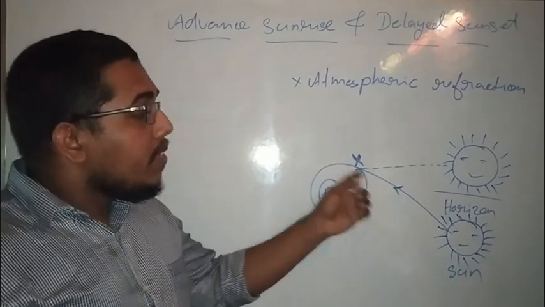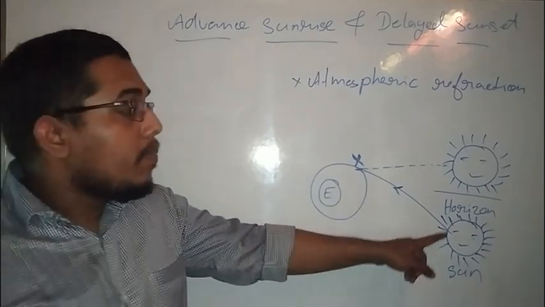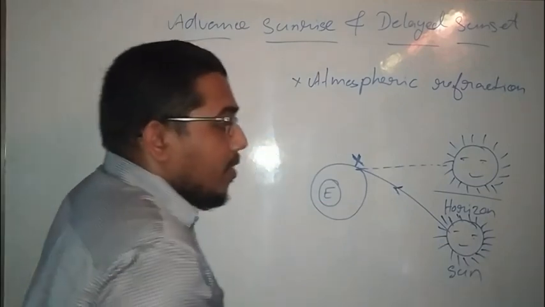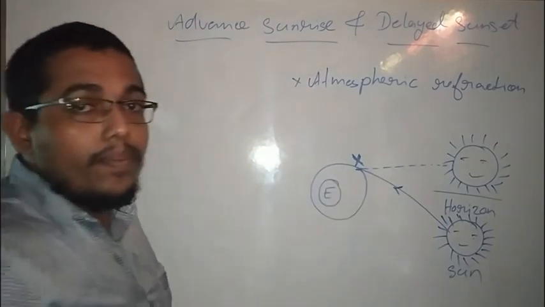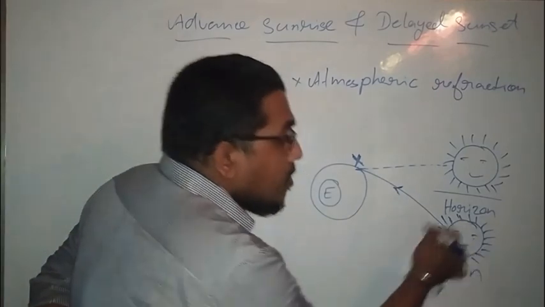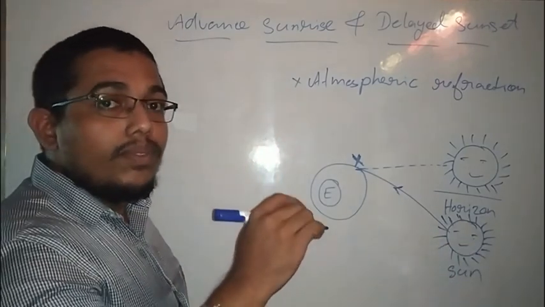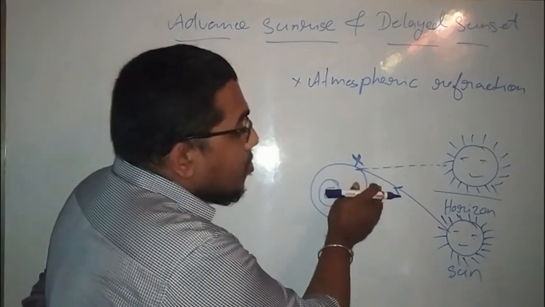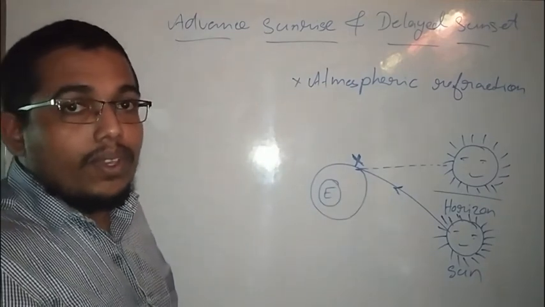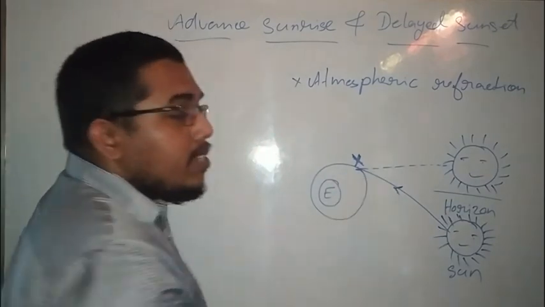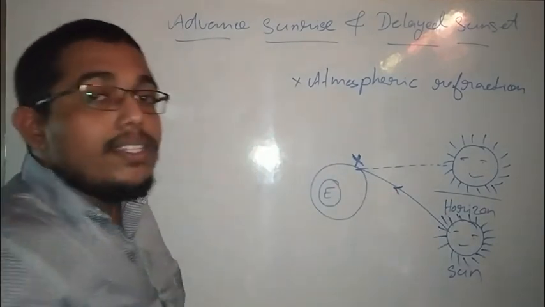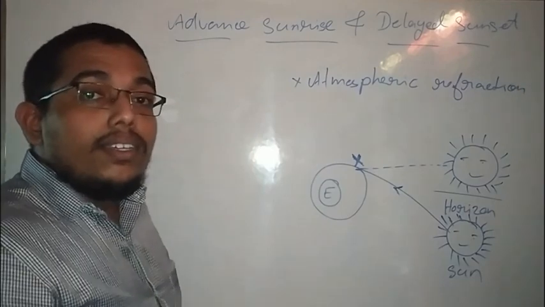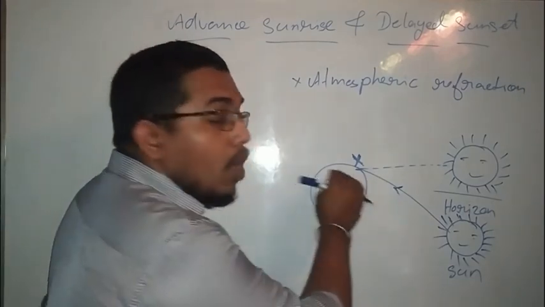So because of this atmospheric refraction, the sun appears just above the horizon. Why? The rays are coming from the sun like this. Just to consider some rays. So just near the sun, the atmosphere is optically rarer medium. While moving from that position, one by one, the atmosphere becomes optically denser. So when this light is traveling through the atmosphere layers having different optical density, because of the variation of the optical density, the light bends downwards.